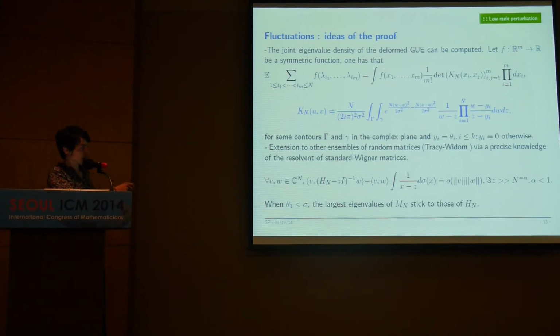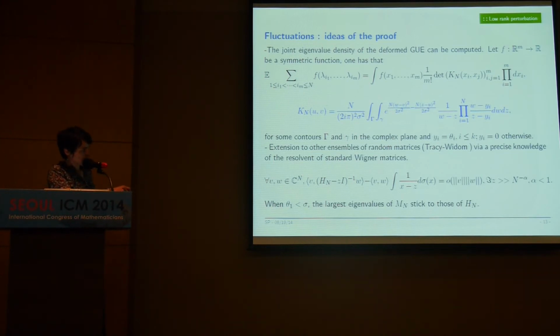It happens, this is the second miracle for the deformed GUE, that this quite complicated functional is actually given by a simple integral of f with respect to the determinant of some matrix. This matrix again is rather simple since the entries can be expressed in terms of what is called a correlation kernel.